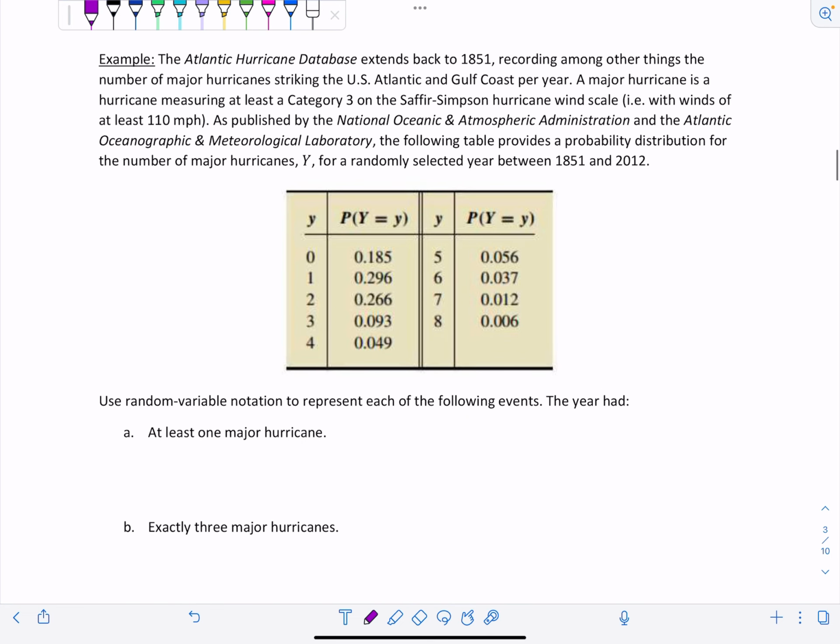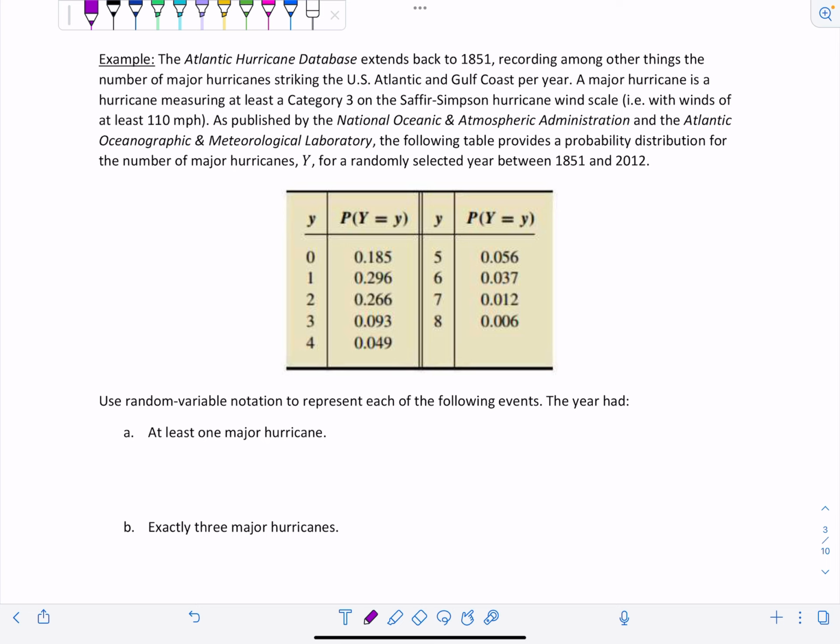Excellent. The Atlantic Hurricane Database extends back to 1851, recording, among other things, the number of major hurricanes striking the U.S. Atlantic and Gulf Coast per year. A major hurricane is a hurricane measuring at least a Category 3 on the Saffir-Simpson hurricane wind scale, meaning with winds of at least 110 miles per hour.